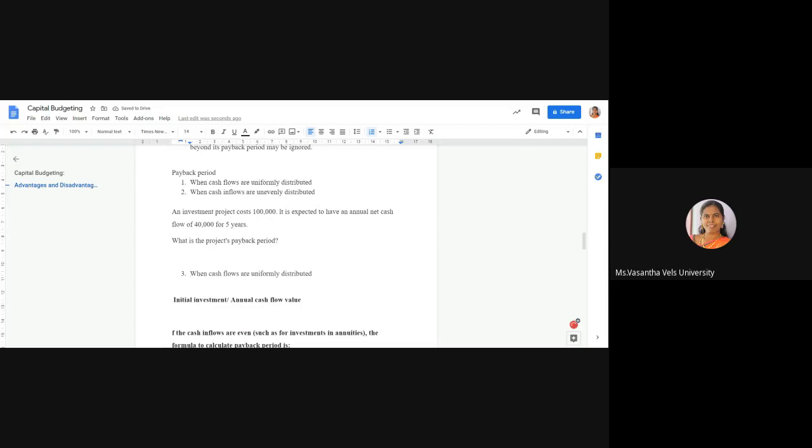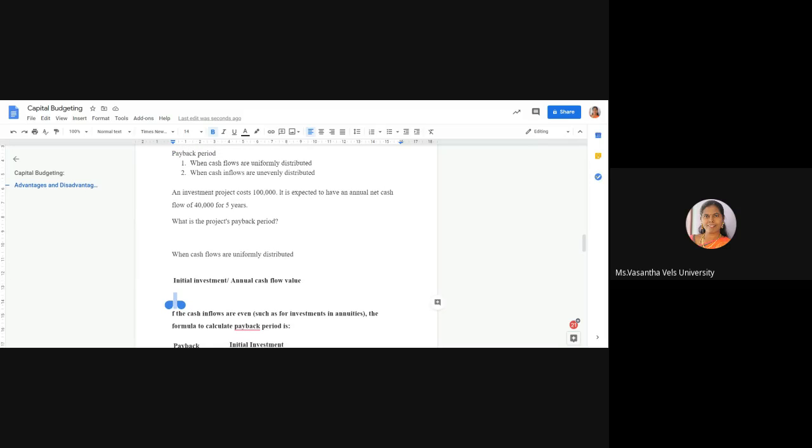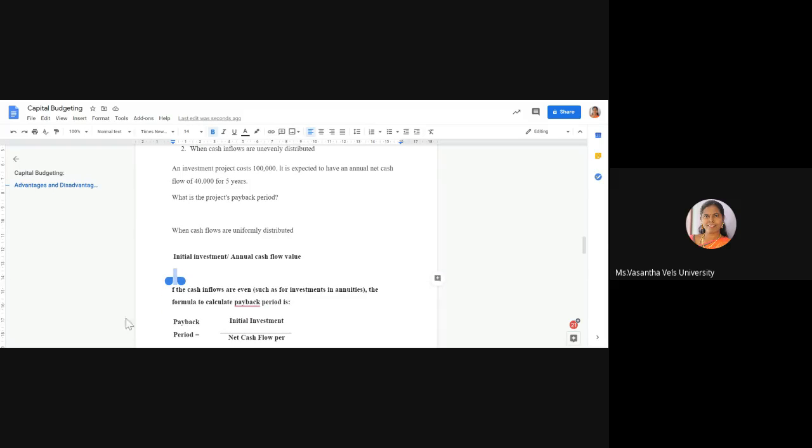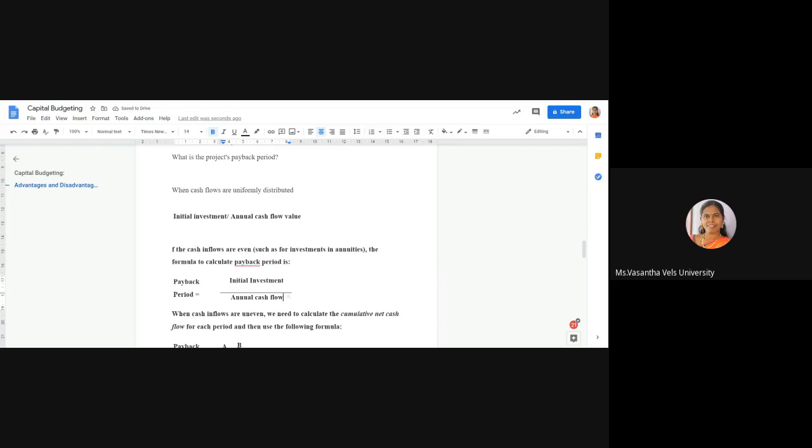When cash inflows are uniformly distributed: initial investment divided by annual cash flow, that is, annual average cash inflow.